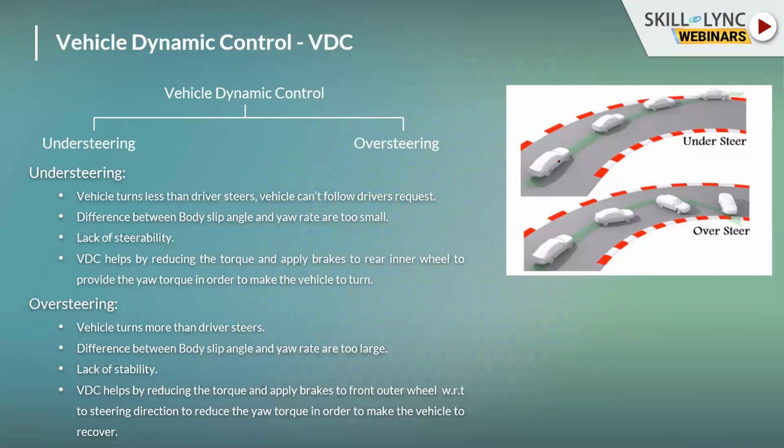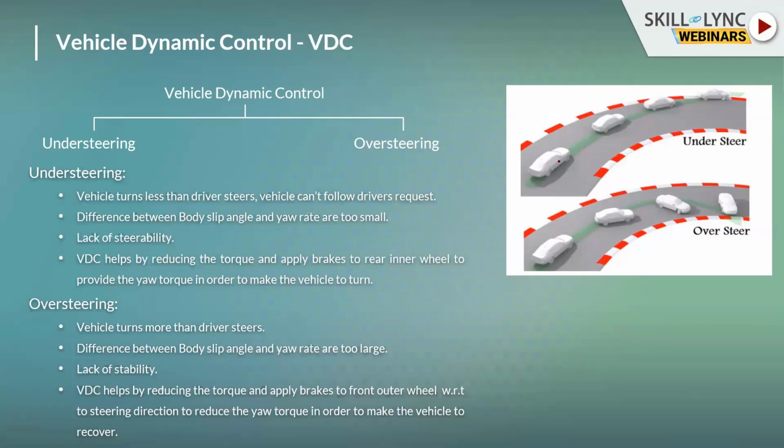The vehicle needs to turn. The angle between the vehicle movement and the vehicle turning moment is called the slip angle. If the slip angle is too small even after steering, it is called understeering. If it is too large, it will tend to oversteer. In oversteering, there will be a lack of stability. In understeer, there will be a lack of steerability.